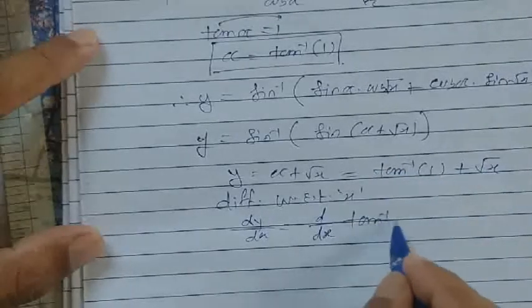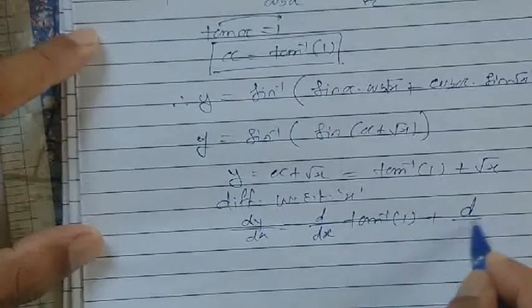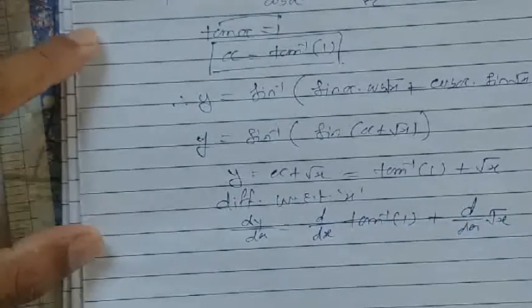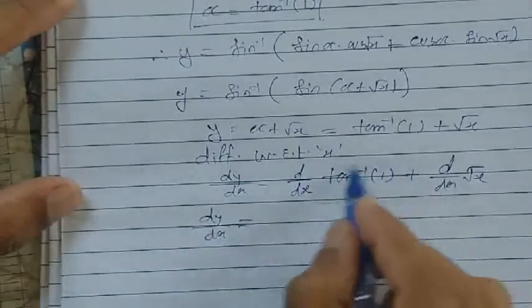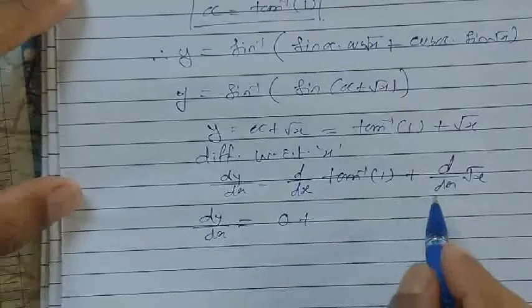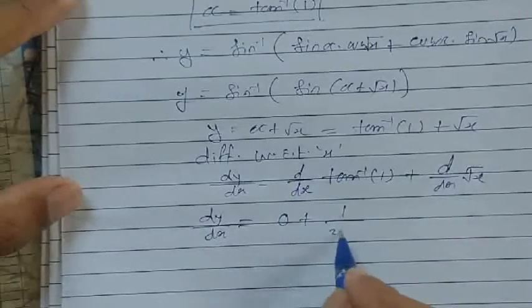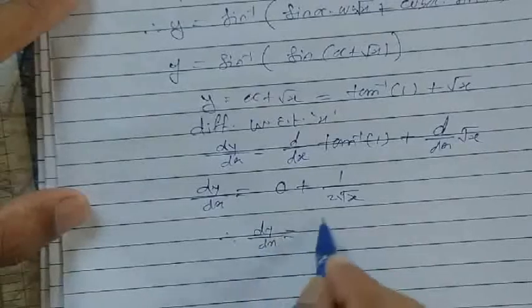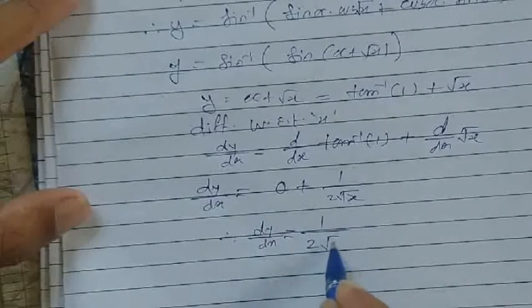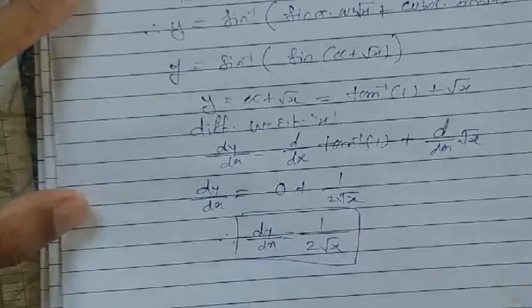So d by dx of firstly tan inverse of 1 plus d by dx of root of x. After differentiating, we get tan inverse of 1 is a constant whose derivative is 0. Root x, the derivative is 1 upon 2 times root of x. So what is the value of our dy by dx? It is just 1 upon 2 times root of x.